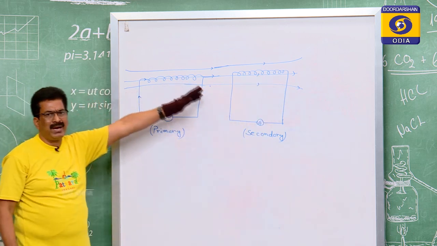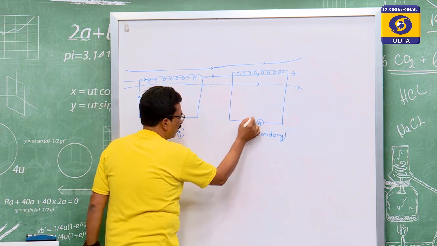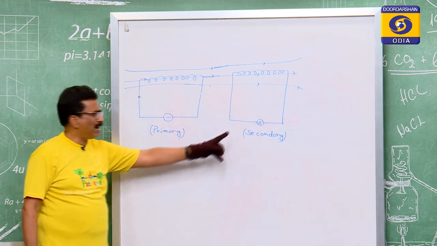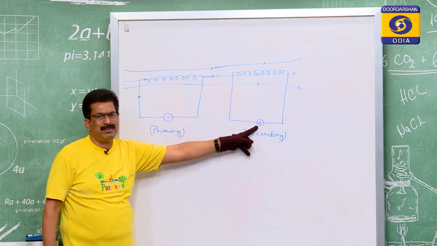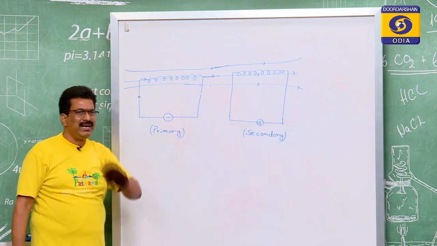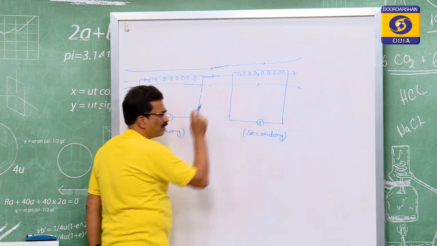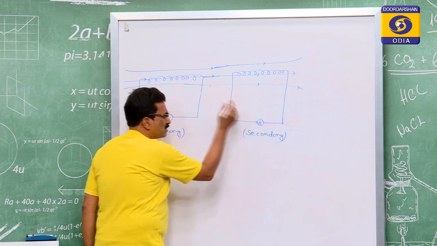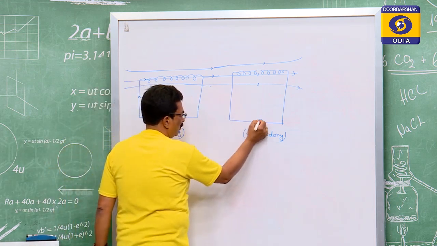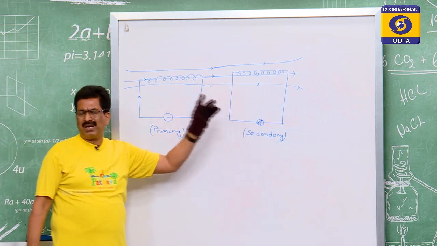When it affects this one, you will find that in the galvanometer there is a deflection. If there is a deflection in the galvanometer, what does it indicate? In the second coil, some current has developed, due to the deflection in the galvanometer.